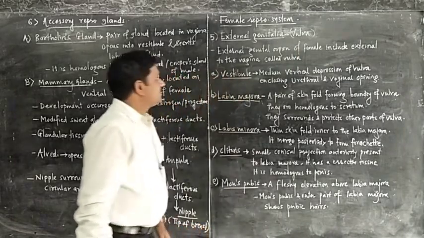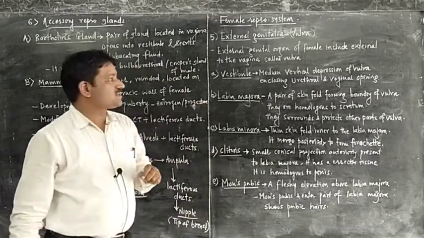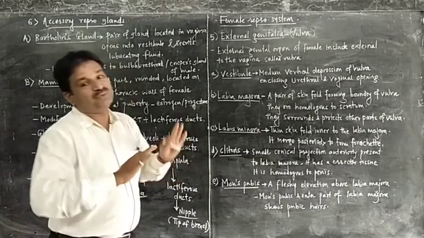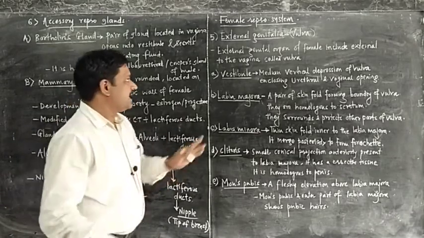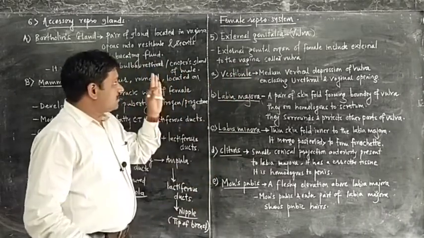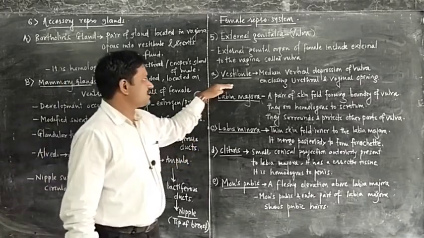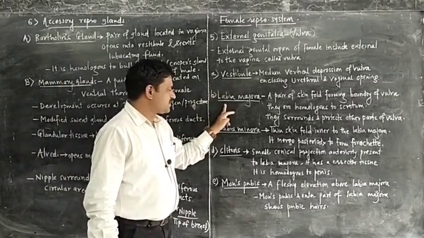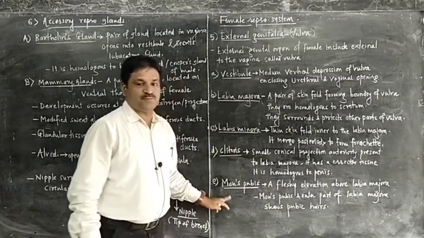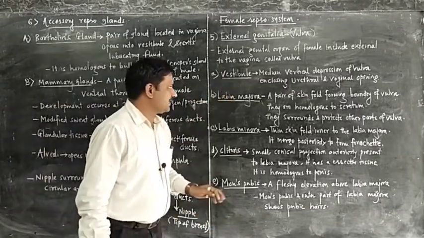This external genital organ of the female is located external to the vagina, and that is called the vulva. It is made up of different parts. The first one is vestibule, then labia majora, labia minora, clitoris and mons pubis. These are the five different parts of the vulva or external genital organ.